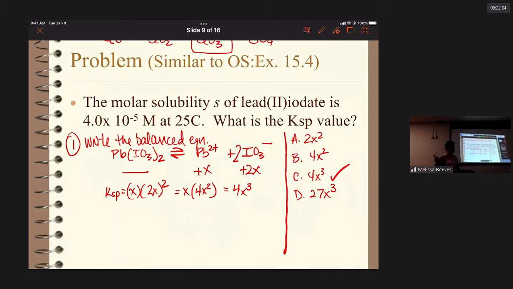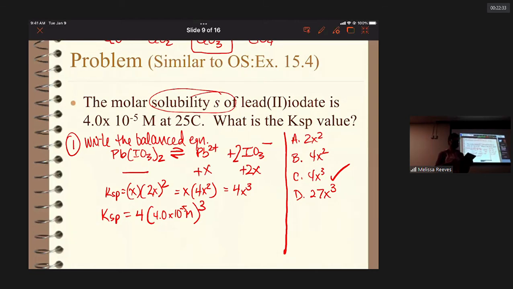The Boston team. No? I can't even imagine what other word you might have come up with. Yes, so S is related to X. So, and they told us what S is equal to in the question. It's 4 times 10 to the minus 5 molar. So KSP is going to be equal to 4 times 10 to the minus 5 molar to the third power.